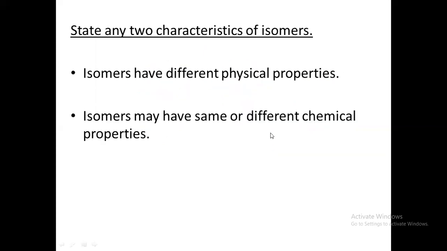Along with this, they can also ask the properties or characteristics of isomers. We know isomers have the same formula and different structure, which is a common point that comes under the definition. Other than that, what can we write? In the C4H10 formula, you can have 2 different arrangements, 2 different molecules: one with 4 continuous carbons, one with 3 continuous carbons and a branch.